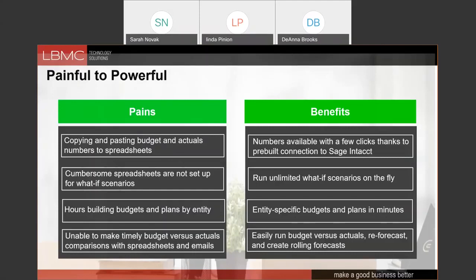Because we've had businesses change, because our economy has changed over the last several months, people have had to take a closer look at their budget. And so those that didn't have this tool to help them have really been in a real hurt area, because budgeting takes time, and they've gone through this pain multiple times over. They thought budgeting was done. And when they had to go back and rebudget, they had to go back through that pain again.